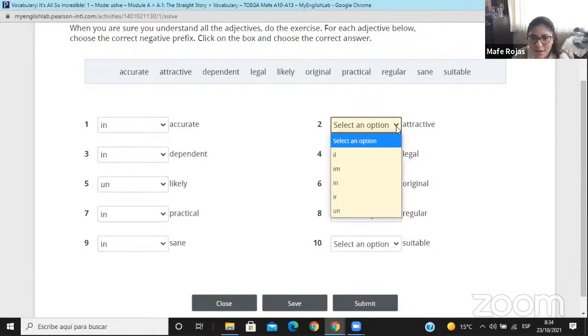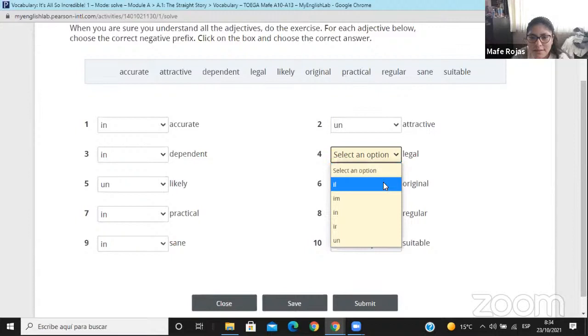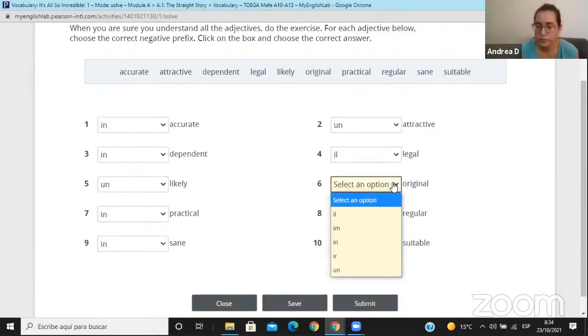Attractive? Unattractive. Legal? Illegal. Original?